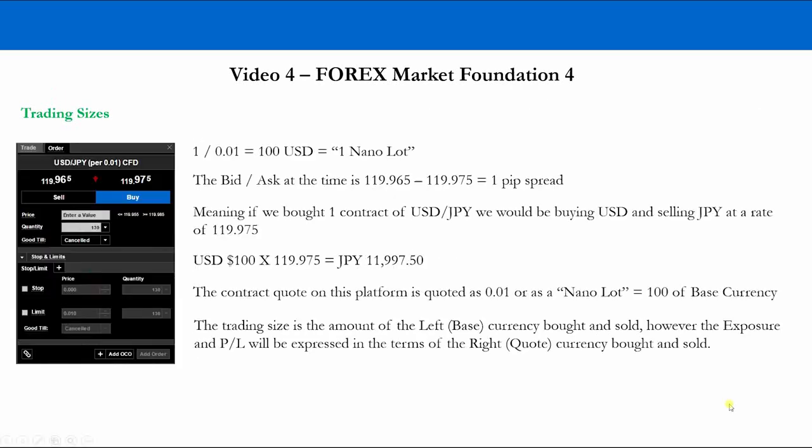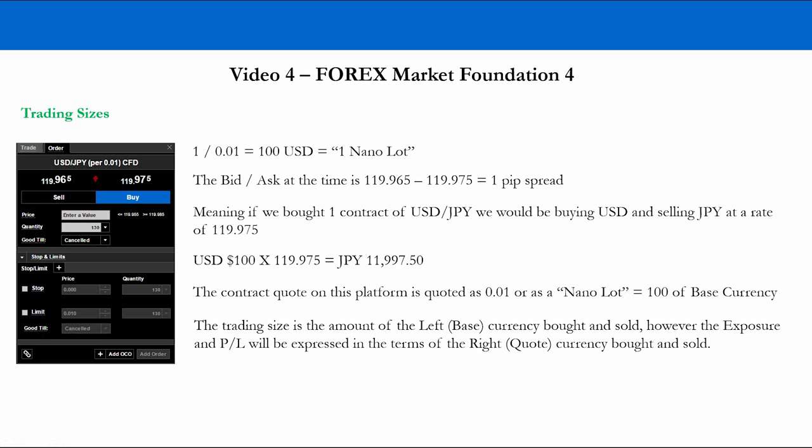Another example, so let's have a look at a lot smaller situation, a nano lot. If we're looking at dollar yen, for example, we can see that a pip value here is 0.01. So 1 divided by 0.01 is 100 US dollars, and that's equal to what we use in terms of language in the Forex markets.